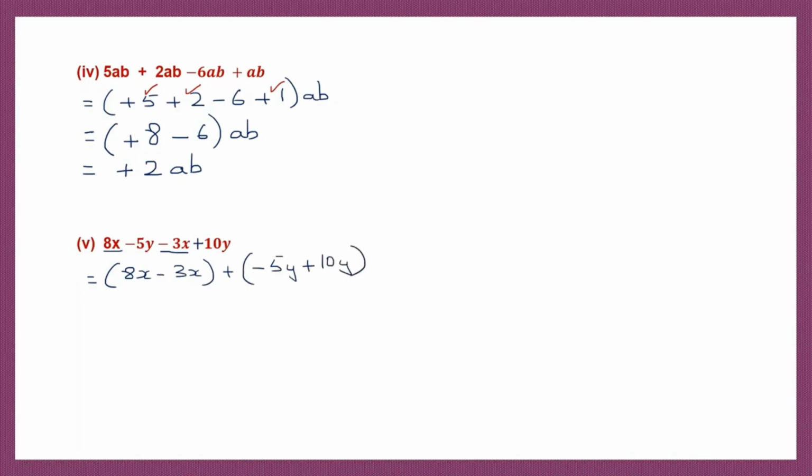Okay, now let's work this out. 8 minus 3 is 5x, and when we move to the other side, signs are different, so put the sign of the bigger number and subtract. 10 minus 5 is 5, so that becomes 5y. So our final answer is 5x plus 5y. We cannot add these together because they are unlike terms.